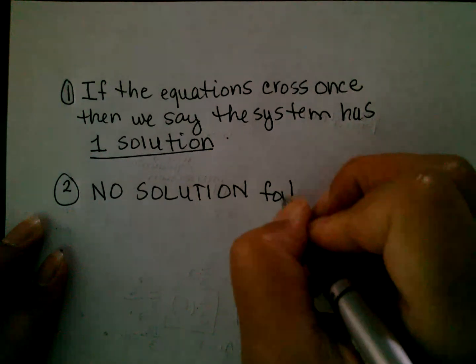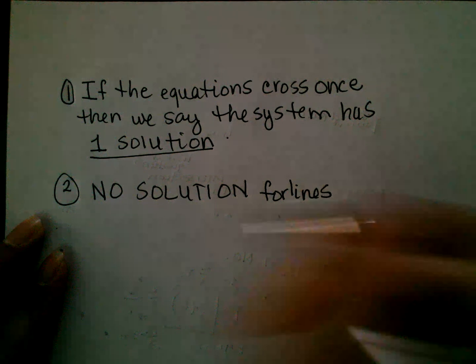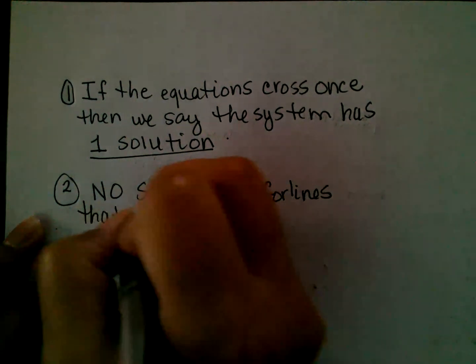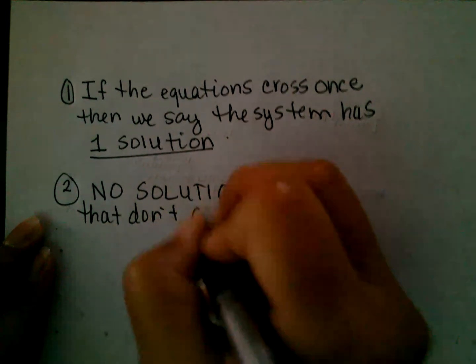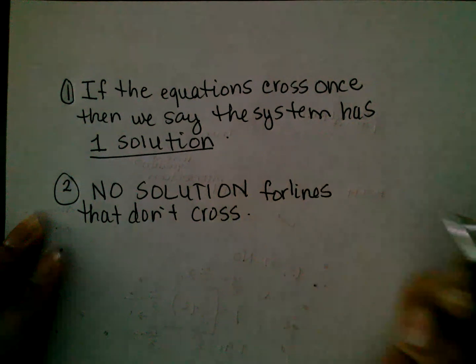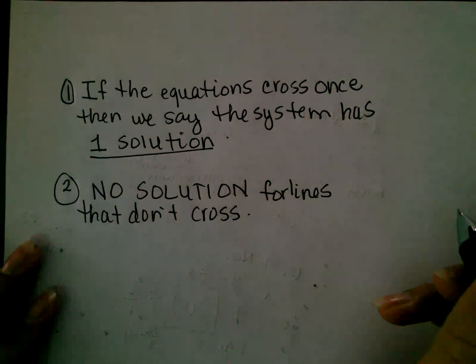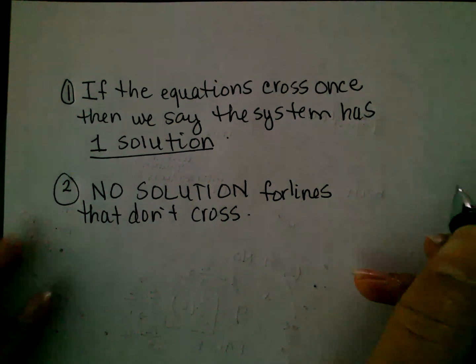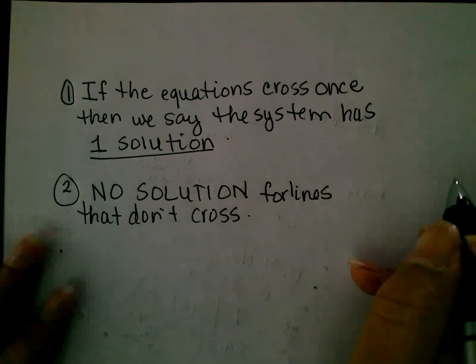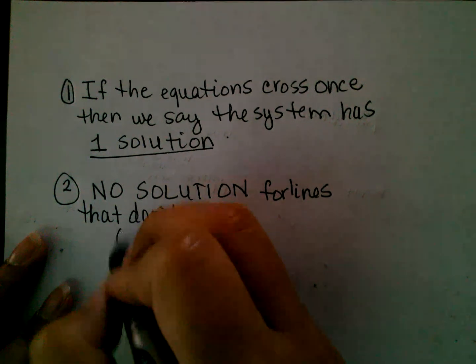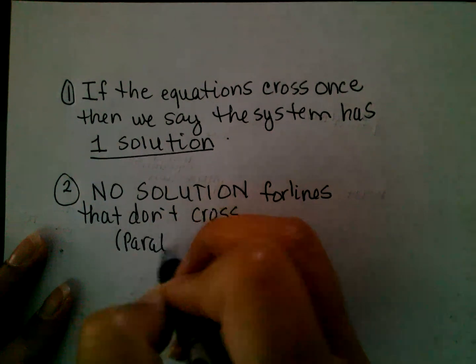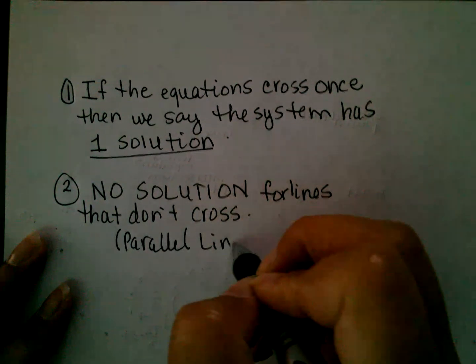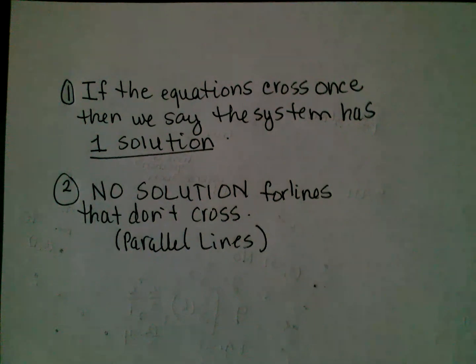for lines that don't cross. And what do we call those lines? What do we call the lines that never cross? That never meet each other? Parallel, right? So these are your parallel lines. So if you see a picture of parallel lines, they don't have a solution because they never intersect, right?